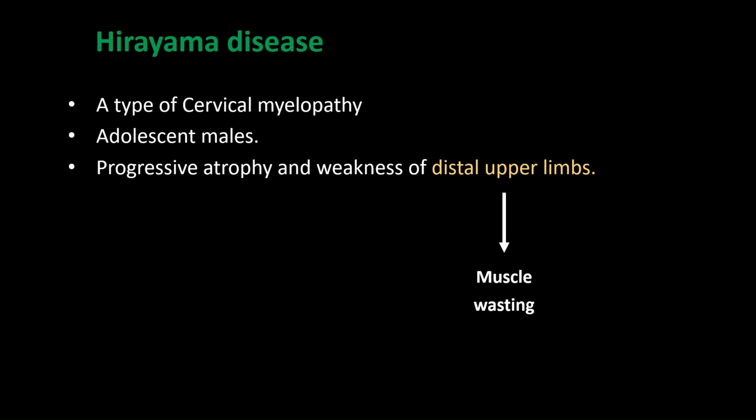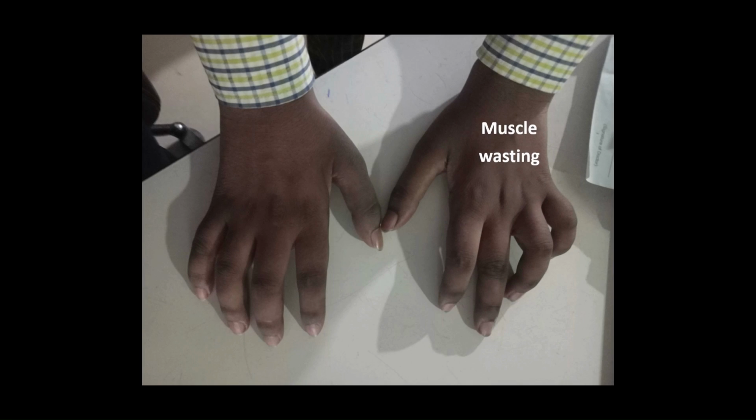Now the distal upper limbs will have muscle wasting, which is seen in our case, this one. You can see in the left hand some muscle wasting if you compare it to the right hand.